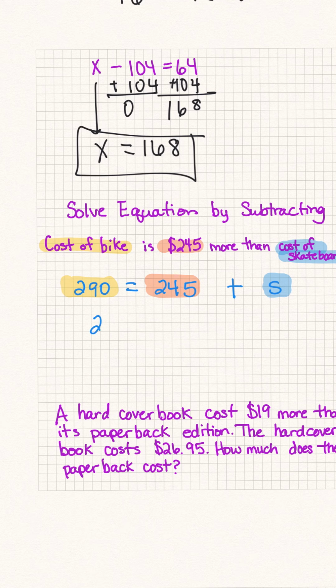Now we have our equation: 290 equals 245 plus s. We want to get the variable by itself, so we're going to do the opposite and solve the equation by subtracting. If I subtract 245 from this side, I have to do the same thing to this side.